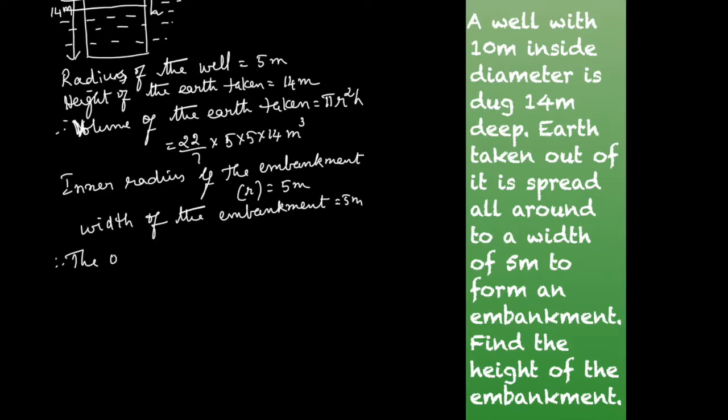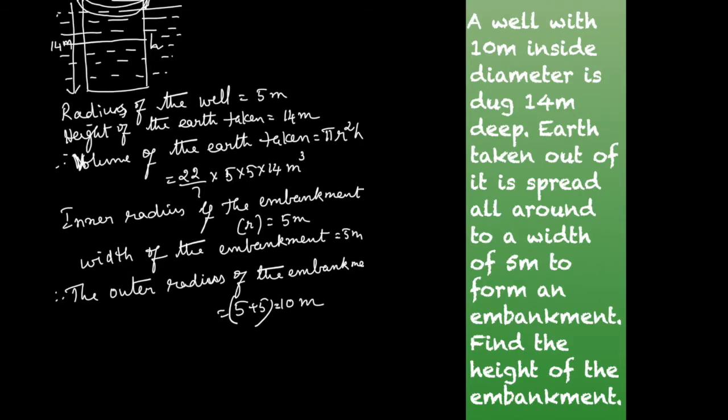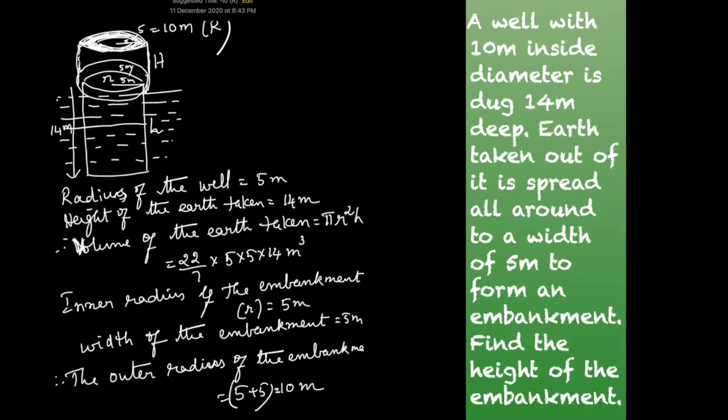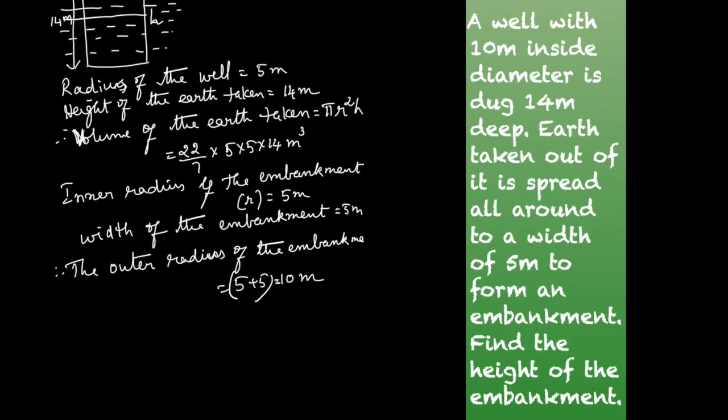Therefore, the outer radius of the embankment is equal to 5 plus 5, 10 meter. Now, here it is like a circular ring, and we have to find the area of the circular ring. We have studied how to find the area of the ring: outer area minus inner area of the circle.